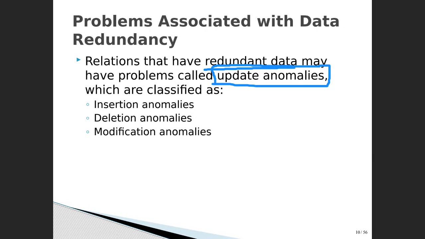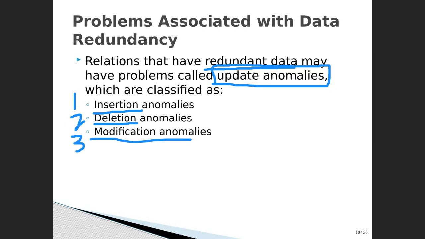They can be classified into three problems. Number one, insertion anomalies, something related to inserting data: when we insert data, there will be a problem in accepting it. Number two, deletion anomalies, a problem associated with deleting a record, for example. And number three, modification anomalies.